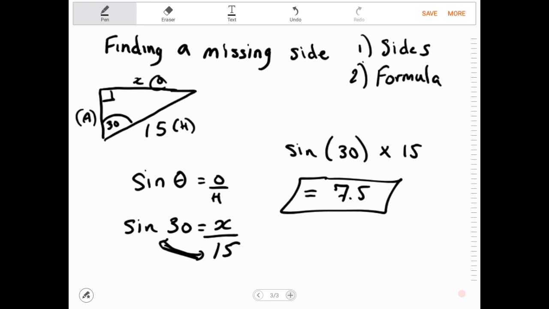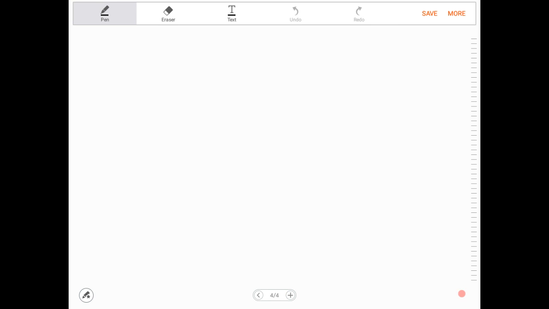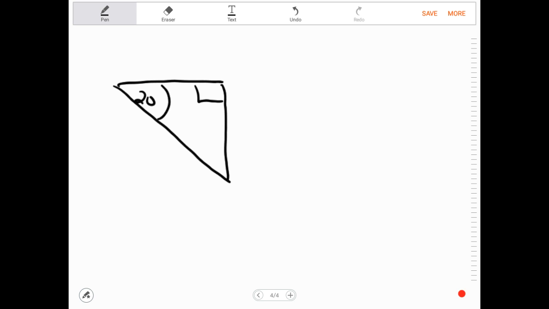Let's do one more since we've done a lot of these in the tan ratio already. Okay, I'll draw this one out. Let's make this one 20 degrees. Let's put the x right there, and let's make this 45. What you have to do, as always, is name your sides.